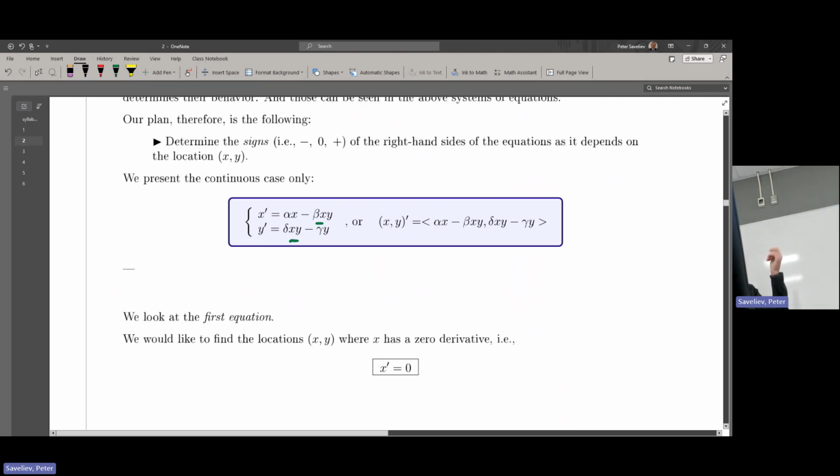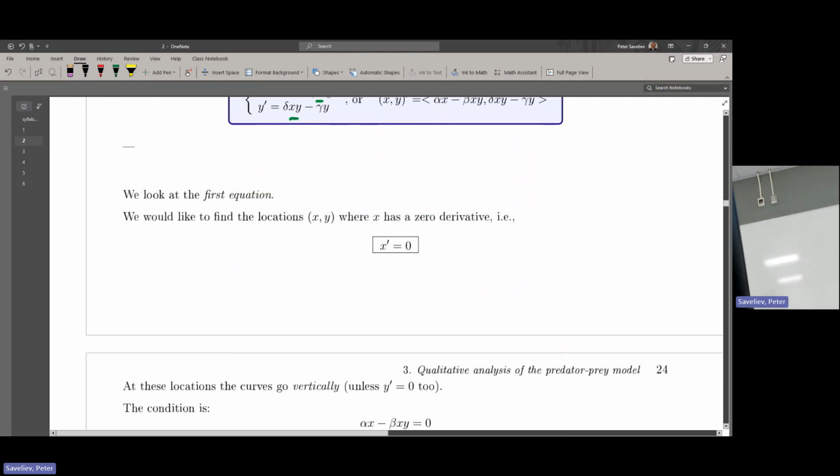Starting with x, x prime equal to 0 means there's no change. It could be a maximum or minimum, but the growth or decay of the rabbits is stalled. It might have been growing and now stopped and might go down, or it might continue. We don't know, but surely it will not reverse itself unless it hits this point.